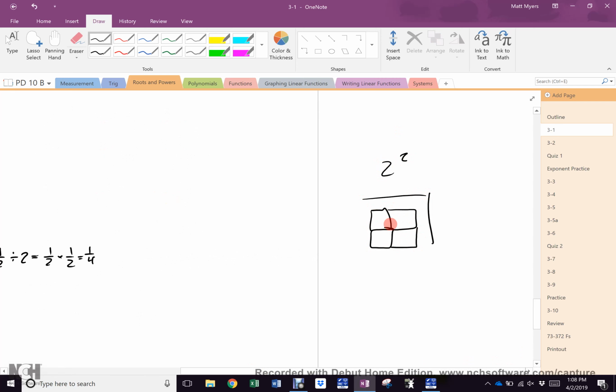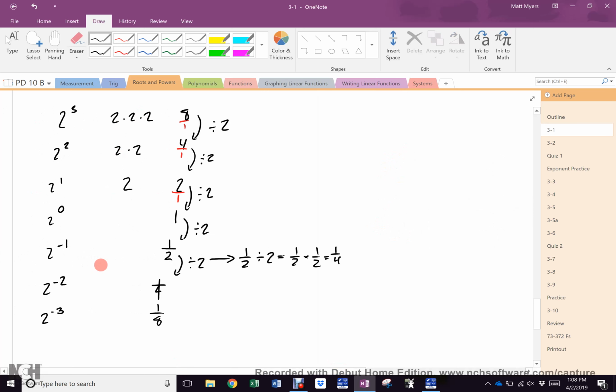Makes a square, it's 4. Easy, right? But there is no way to do that with a negative exponent, because the 2 is not negative. The 2 is still positive. So you cannot illustrate it. That is why this chart is the only way really to make sense of it.